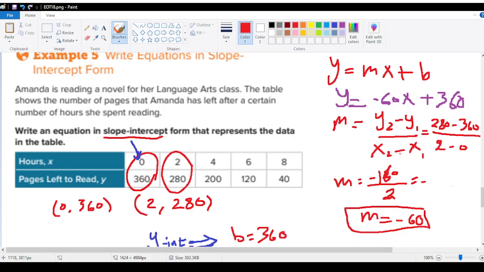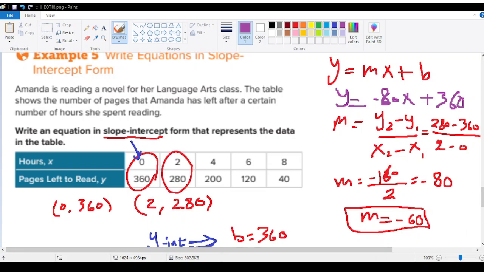We subtracted it wrong. So it is 160. 160 divided by 2, it will be minus 80. So it will be y equals minus 80x plus 360.